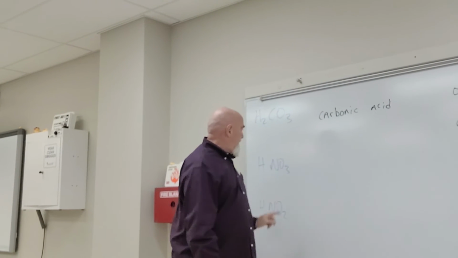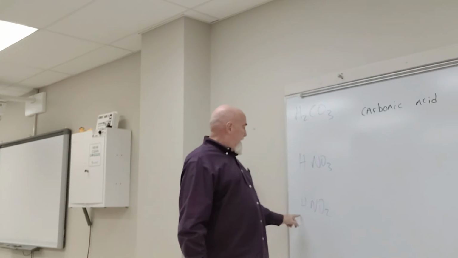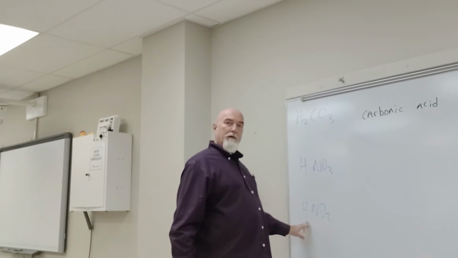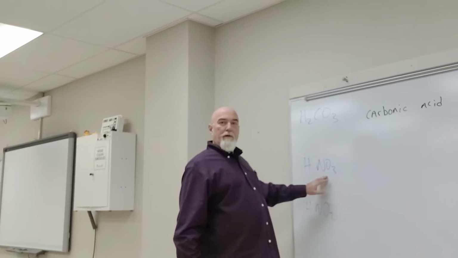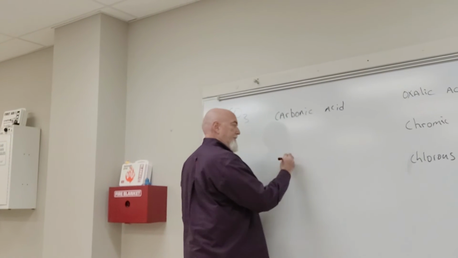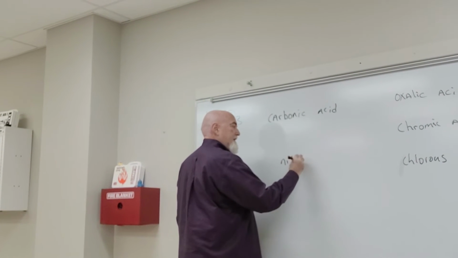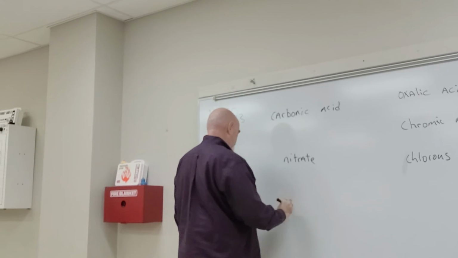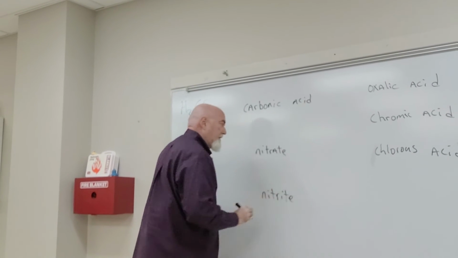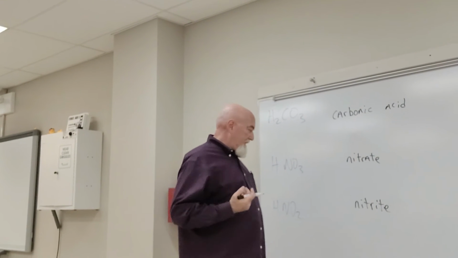And look at these 2 right here. We have HNO3 and HNO2. They both start with hydrogen. These both have more than 1 element. I'm going to find them on the polyatomic table, and I looked them up. I see that NO3 is nitrate, and NO2 is nitrite. Now, I ate something icky.